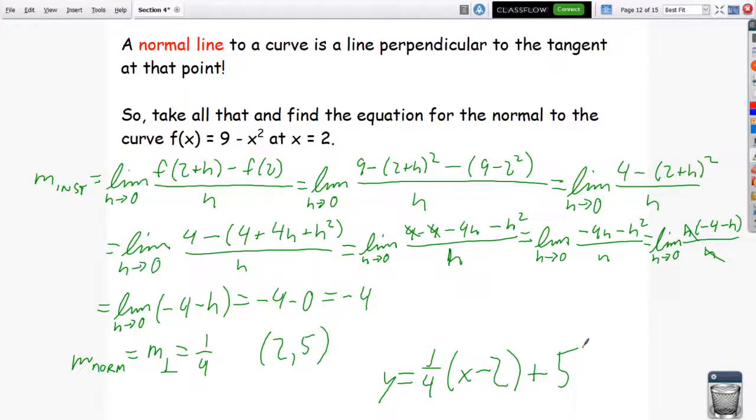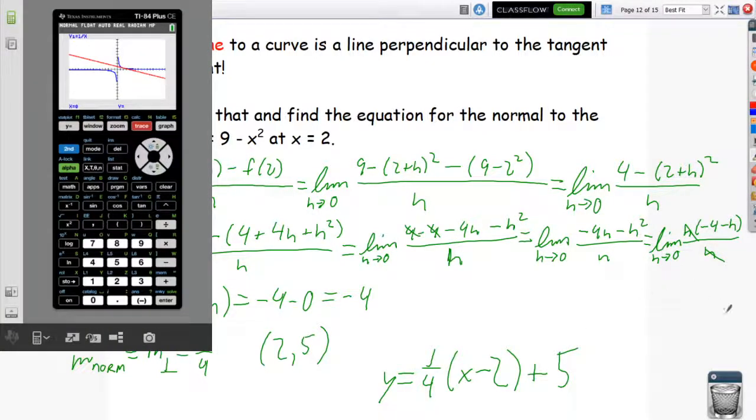And again, just to see it, this one should look like it runs right into the curve and at a right angle with the curve. So let's see here. Y equals, clear that bad boy out. It was 9 minus x squared.